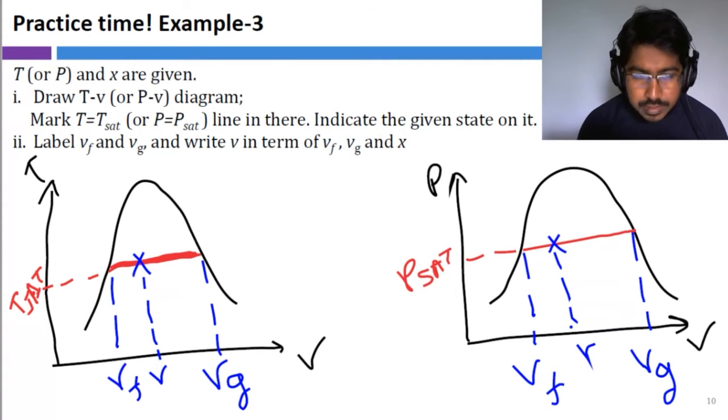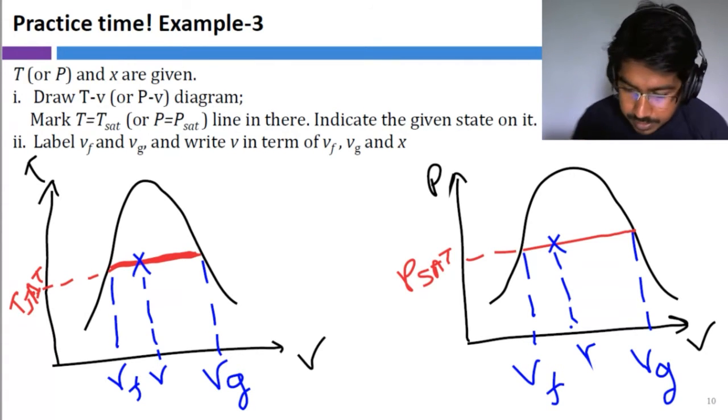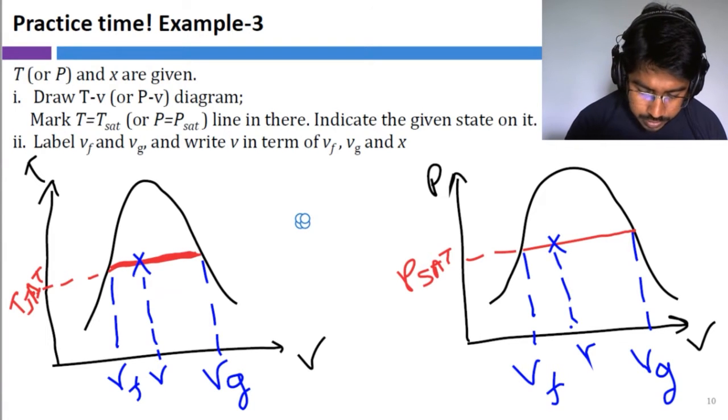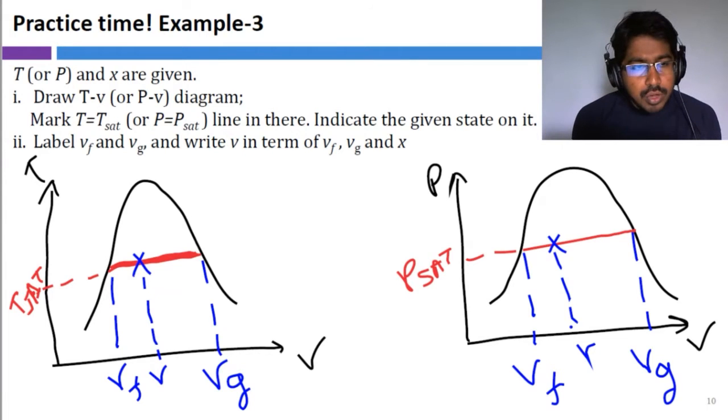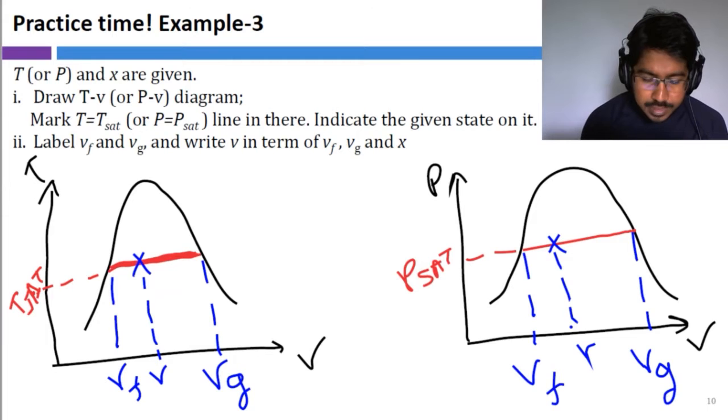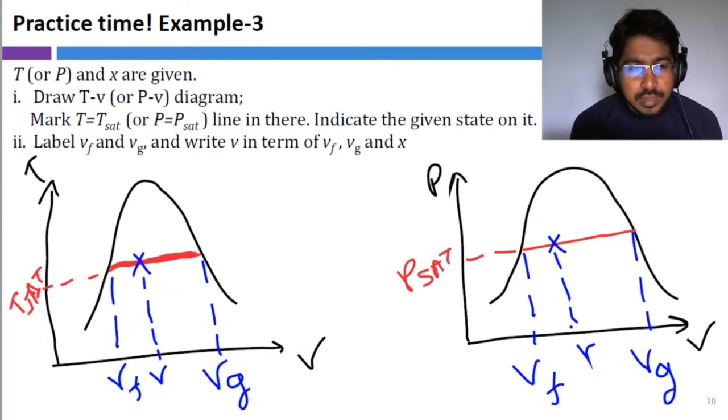So now, in addition to this, we'll do the derivation in the coming slides. In addition to what we learned already, you need to be able to draw these lines. If we want to draw a constant pressure line, let's say inside the dome, we know that the saturation pressure and temperature are going to be constant.